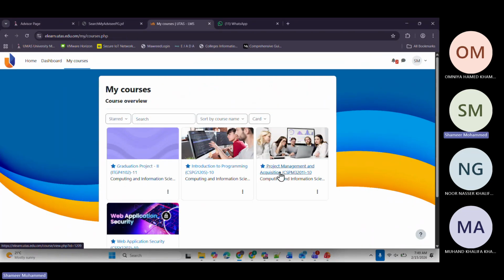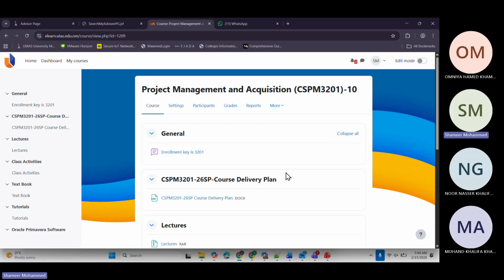So you can select this course and join with this key. The key is 3201. The course key to register in the Moodle is 3201.